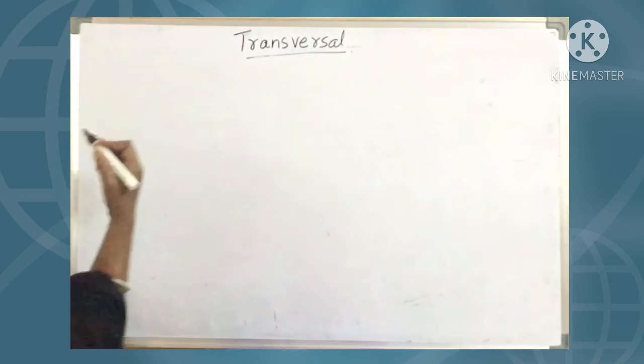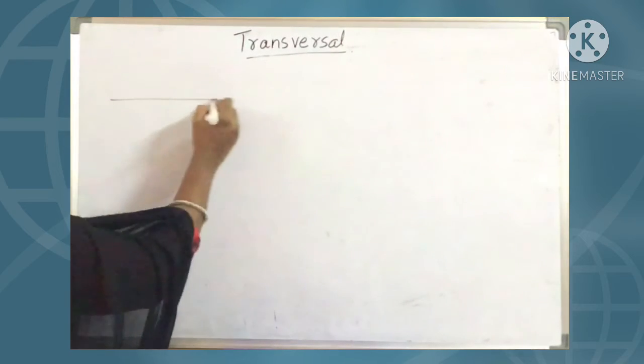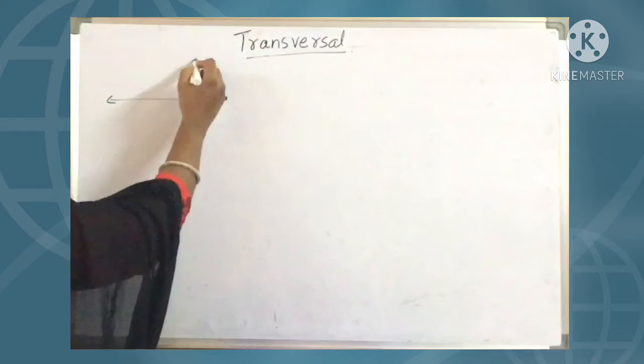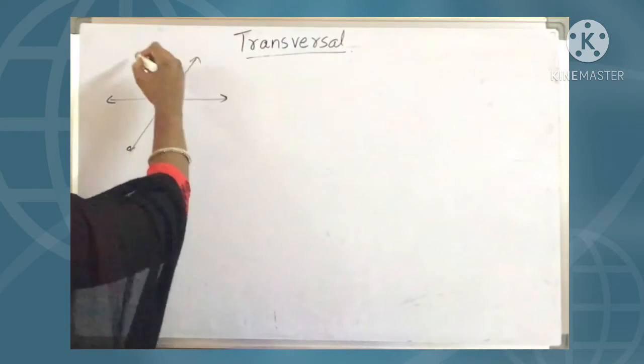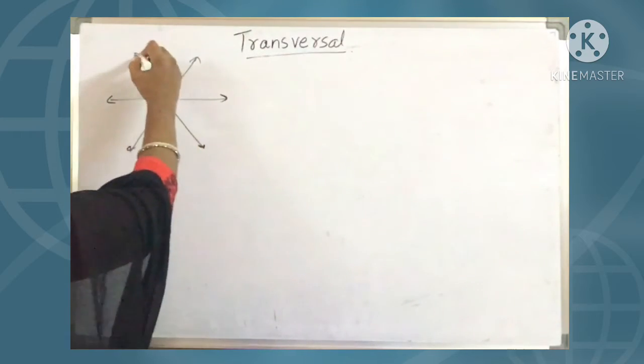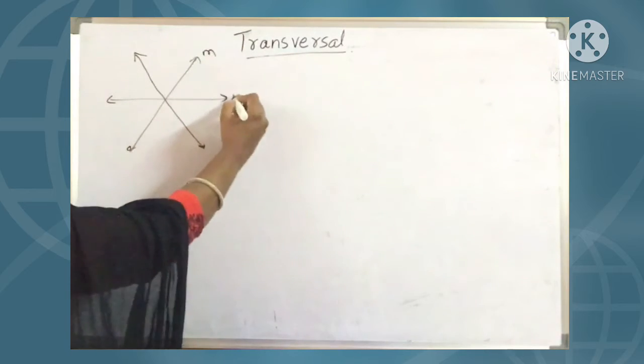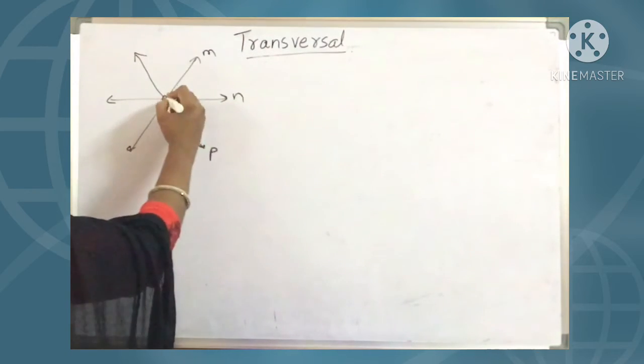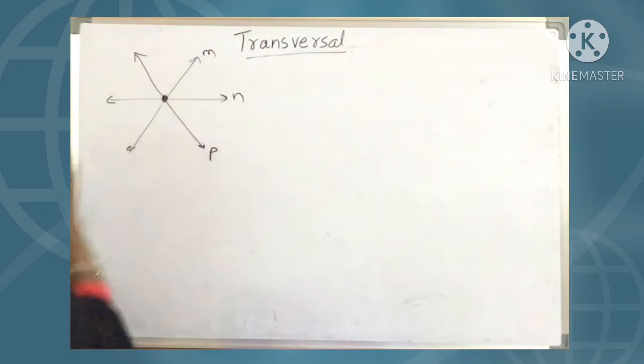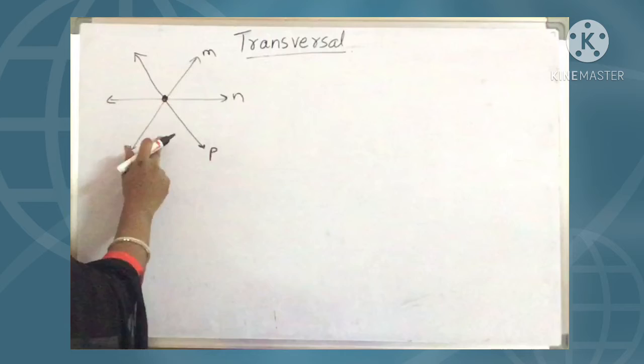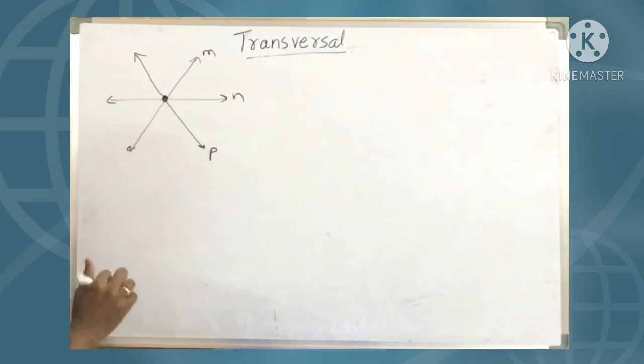Now we consider one more figure, children. Suppose this is one line, and this is one more line, and this is one line. Suppose this is M, this is N, and this is P. And these three lines are meeting at this point. Now, can I say these are intersecting lines? No, they are not intersecting lines. When two lines meet, we call them intersecting lines.